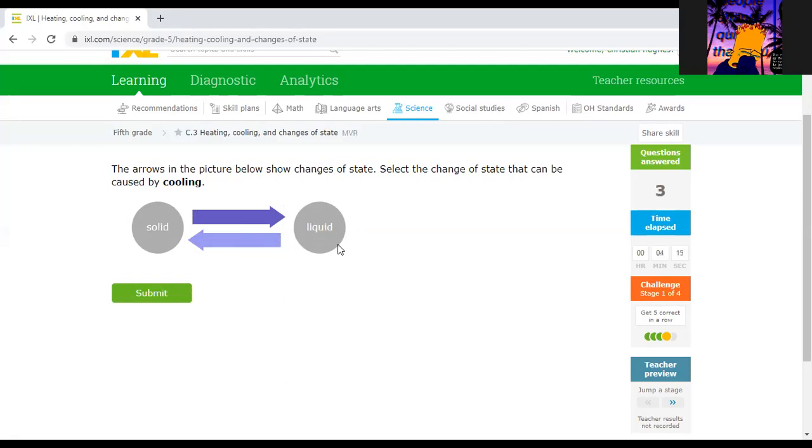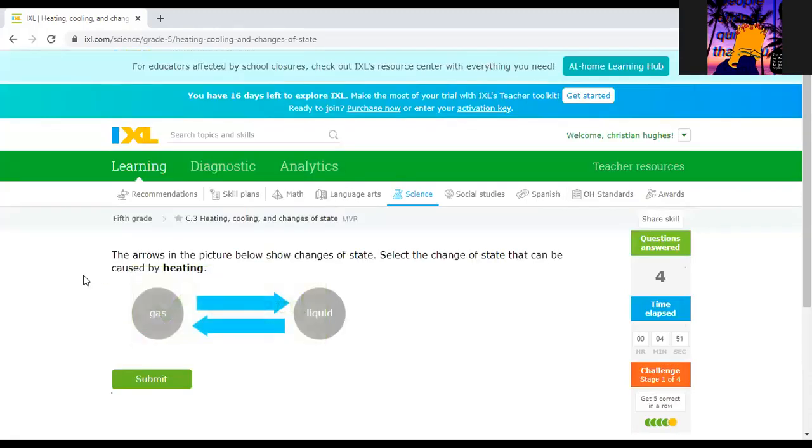No. I mean, it can, but not as much as this one, only because water definitely cools into ice a lot more than ice cools into water. If we were breaking down the science of it and talking about Antarctica, how icebergs are still turning into water even though it's freezing, technically that would be right. But we're trying to make it just a little more general. So I think water turning into ice is the better choice just for this specific question.